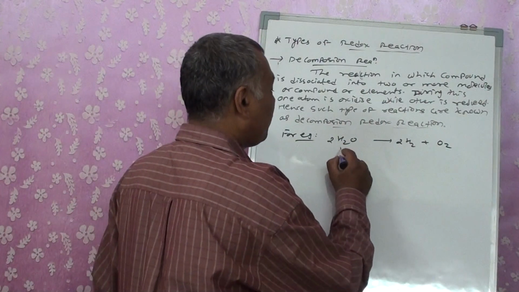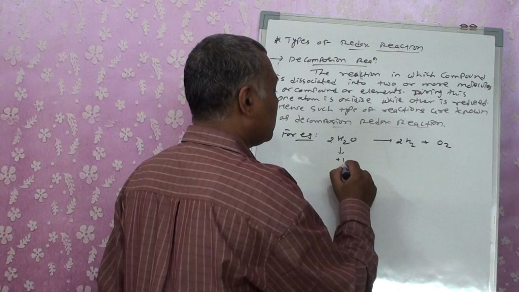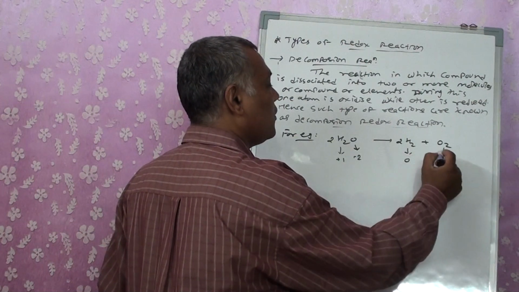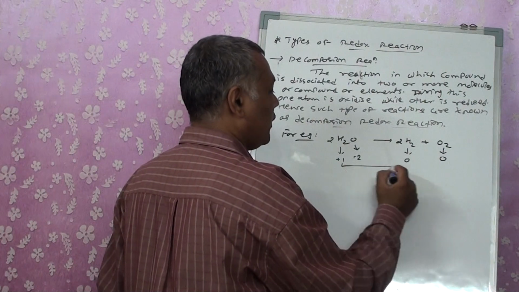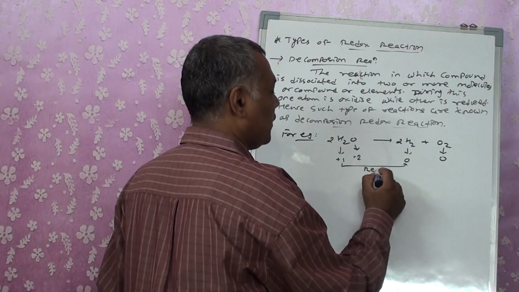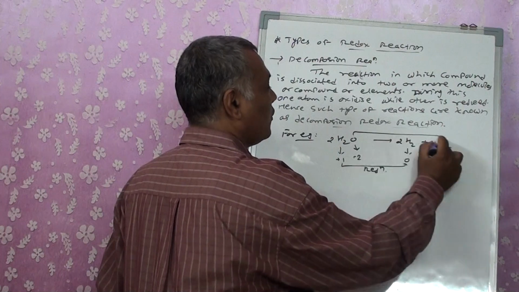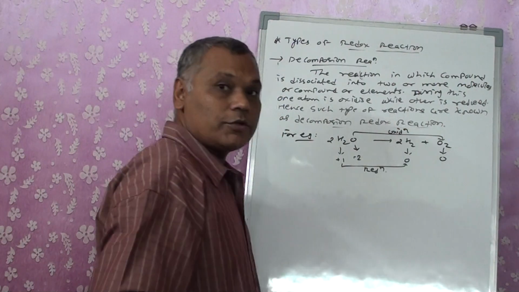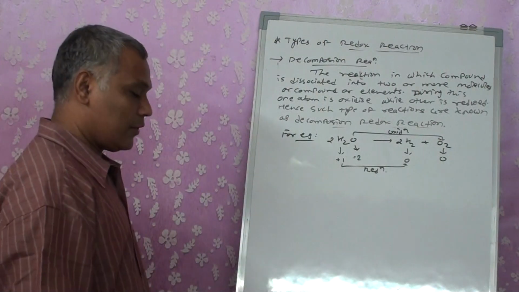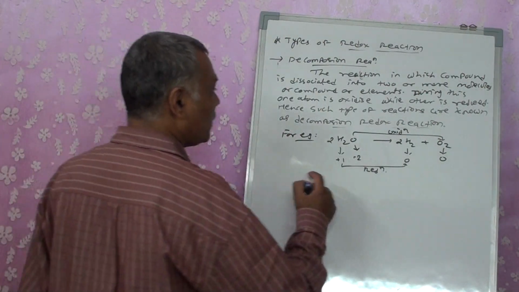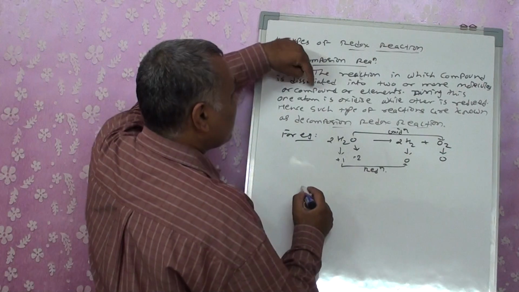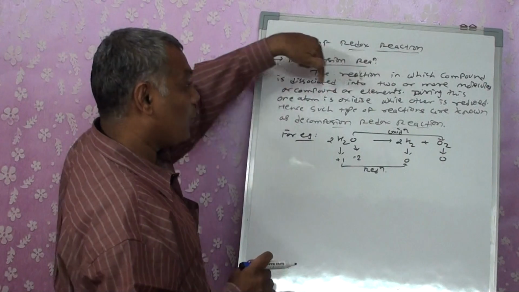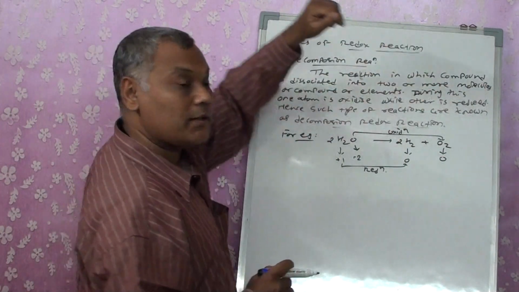Hydrogen is plus 1, oxygen is minus 2 in the compound, while in the products oxygen goes to 0, so one is oxidized and the other is reduced. As we said, it can dissociate not only into molecules but also into compounds as well as molecules.